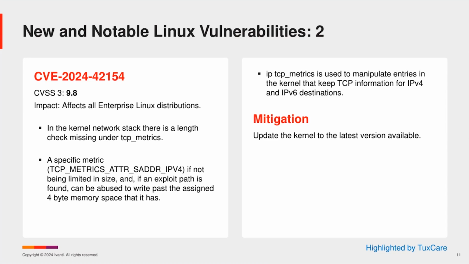It doesn't say specifically here, but again, this vulnerability is a 9.8 CVSS score, definitely a critical, and also the kernel update is your path to reducing or mitigating this vulnerability. So update your Linux kernel to the latest.